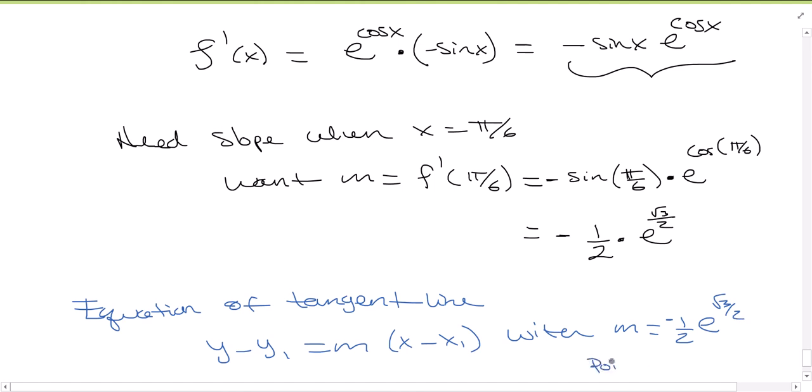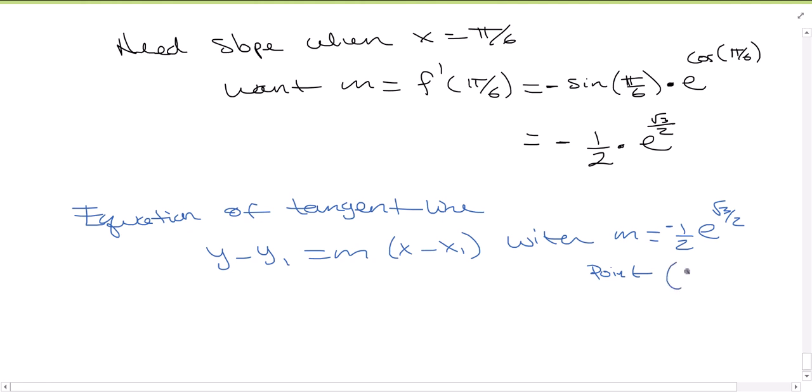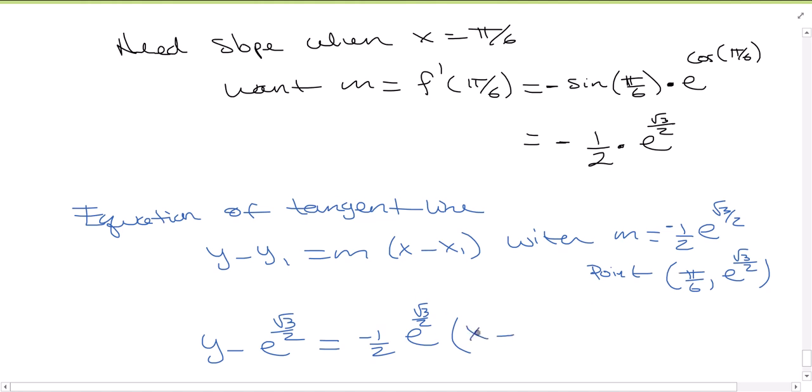And the point is x is pi over 6, and y was e to the square root of 3 over 2. So putting both of those in, I'm going to have y minus e to the root 3 over 2, y minus the y value, equals m, negative 1/2 e to the root 3 over 2, times x minus the x value, x minus pi over 6.